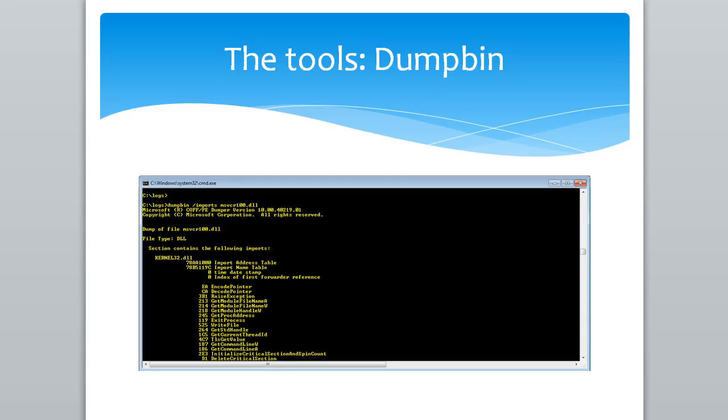There are several tools that can have much of the same functionality, but dumpbin is a simple command line tool, and what it does is that it shows the imports or exports for any given DLL or executable. So this is useful to see what kind of functionality Mozilla Firefox imports from the operating system and other DLLs.